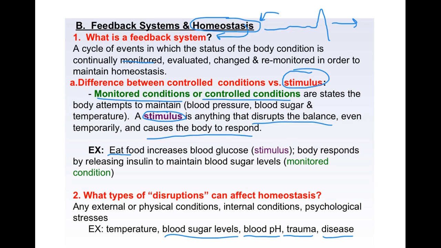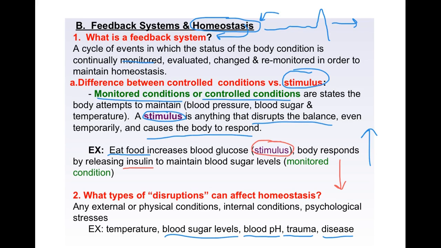Well, every time you eat food, that causes your blood glucose level to go up. That stimulus makes your body respond. It makes your pancreas release insulin, which causes your liver to store glucose in the form of glycogen, and that makes the blood glucose level in your blood go down.